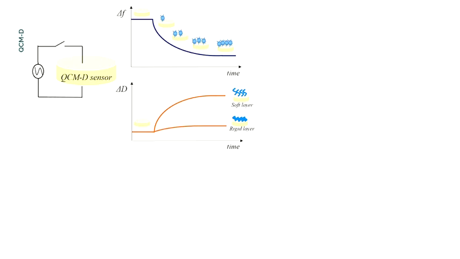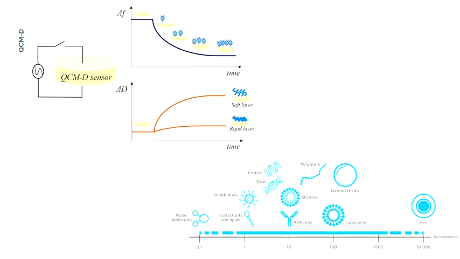But when we work with a very rigid layer, then the frequency becomes very low. QCMD allows us to measure the dynamics of attachment of different molecules in the nanometer range, for example proteins, DNA, antibodies, but also cells, which are very huge.